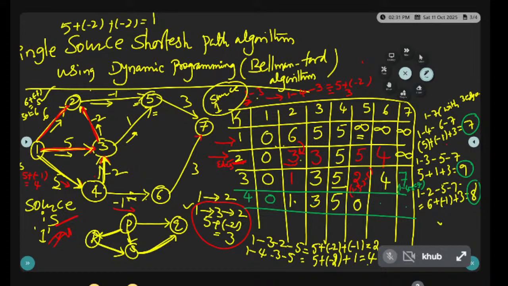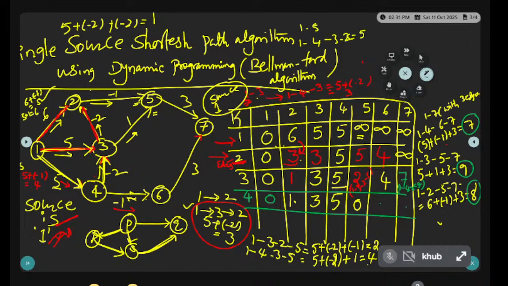1 to 5, 1 to 5 with a 4. 1, 2, 3 with 4 stages. What is the path? 1 to 4, 4 to 3, 3 to 2, 2 to 5.